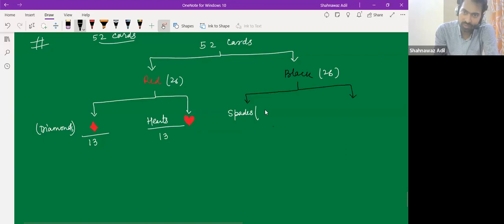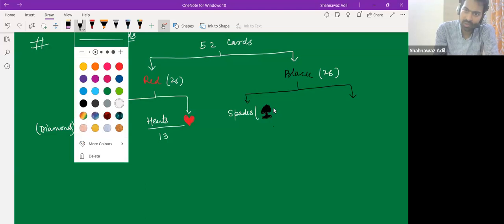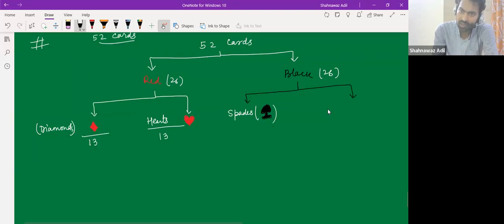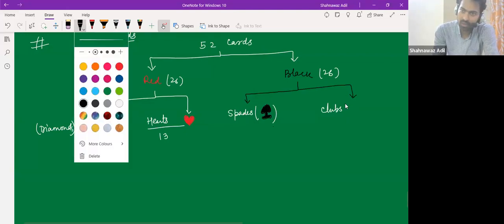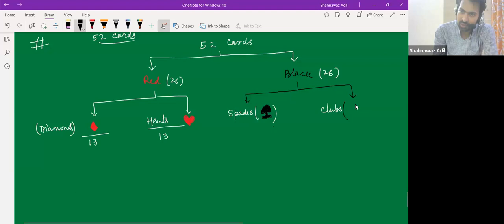This is a spade, and then we have the last one, which is clubs.